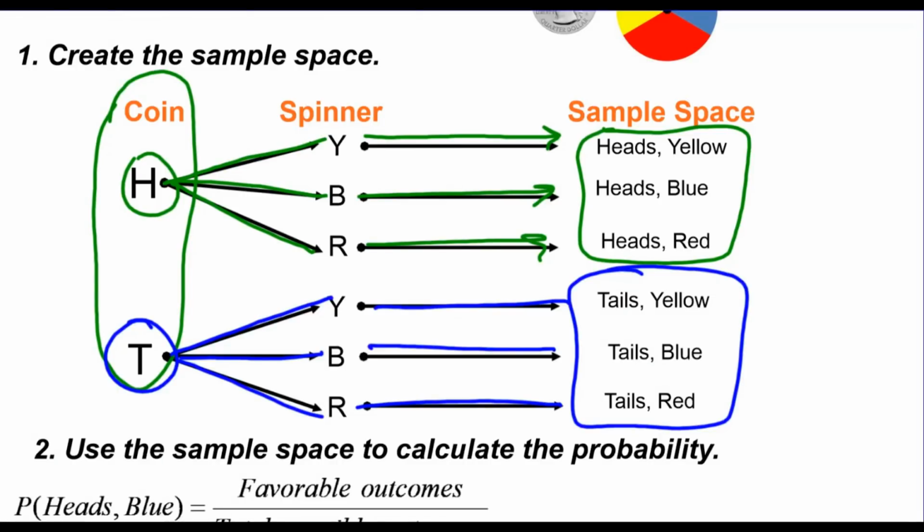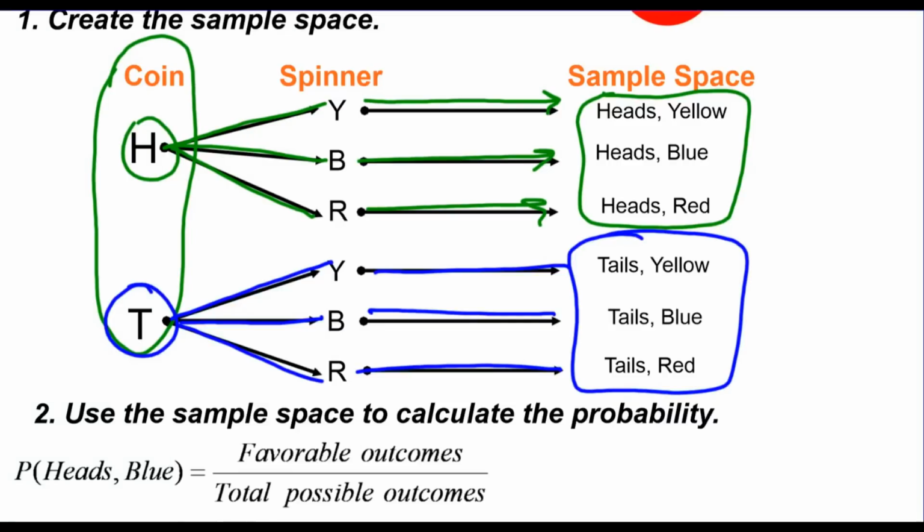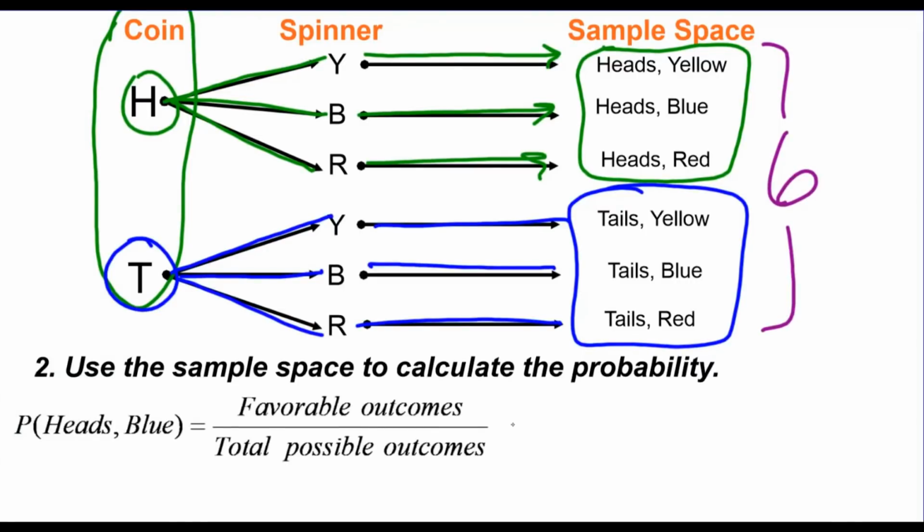Once I have my sample space, then I can go ahead and calculate the probability using that ratio. The probability of getting heads blue is the number of favorable outcomes over the total possible outcomes. If I look in my sample space, I can see there are 6 possible outcomes to this compound event. So that's my denominator.